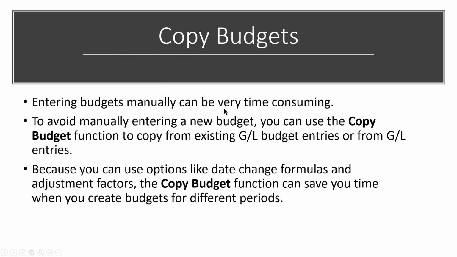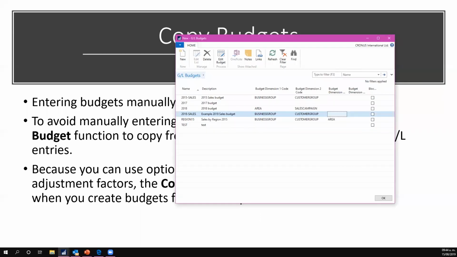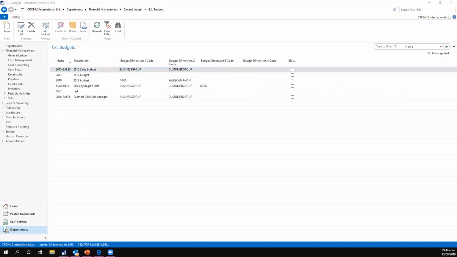Entering budgets manually can be very time consuming, like we said. To avoid manually entering a new budget, you can use the copy budget function to copy from your existing GL budget. So just to verify how this actually works, I will be presenting the GL budgets that I have, and I would need to go and review the specific budget.